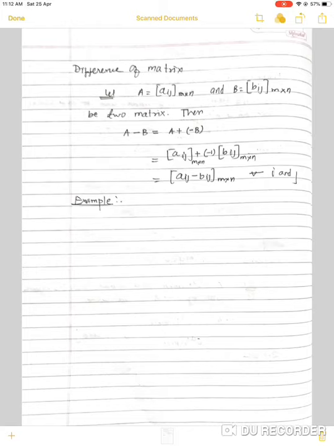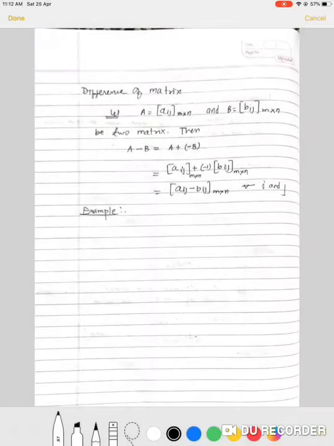Now we are going to discuss difference of matrices. Let A = [Aij] m cross n and B = [Bij] m cross n be two matrices of the same order.